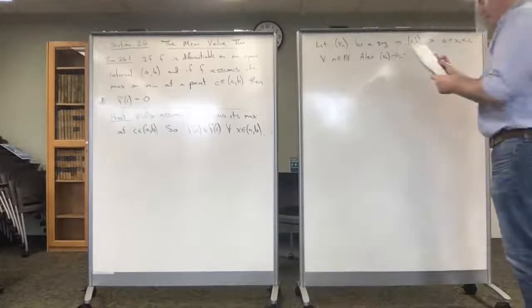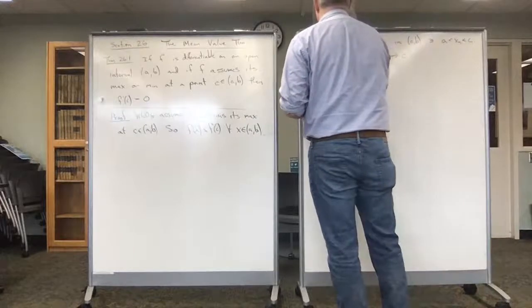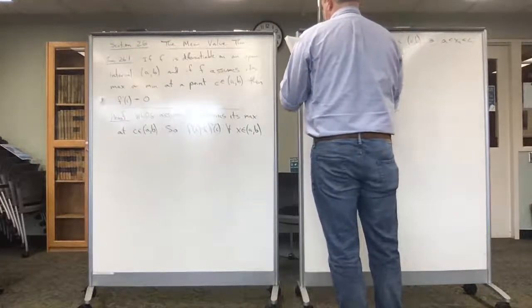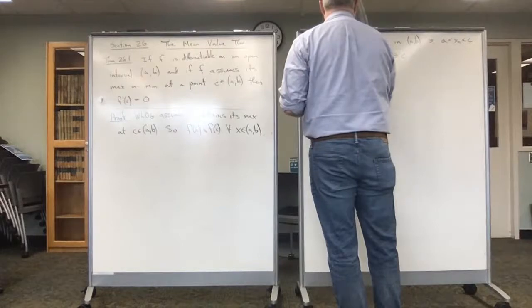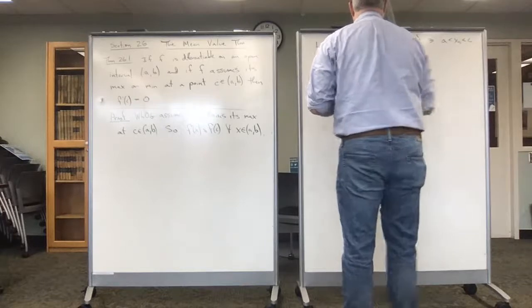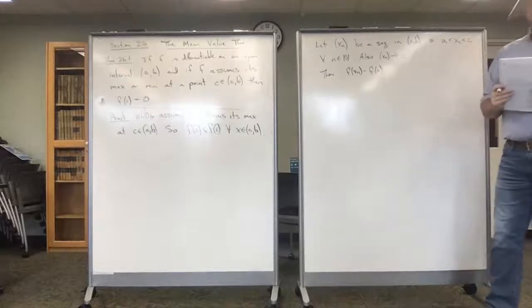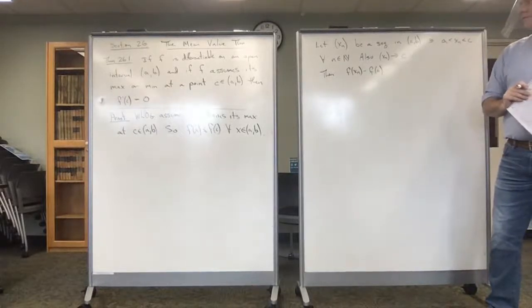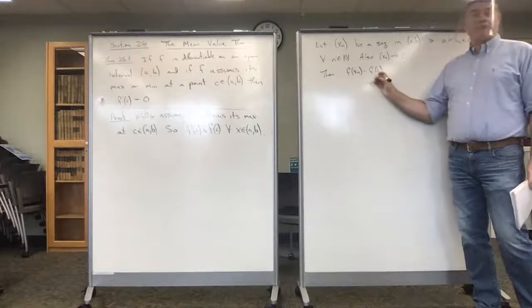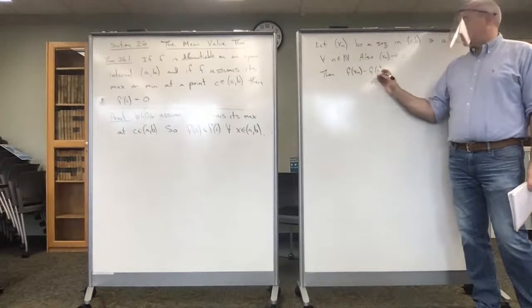Okay. If that's the case, tell me something about the following: f of x sub n minus f of c. Is this value a positive value or a negative value? Negative. Why negative? f of c is the max. f of c is the biggest that f can ever get on the interval, so this guy must be smaller than this guy because that's the maximum.